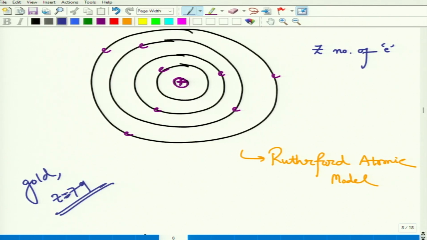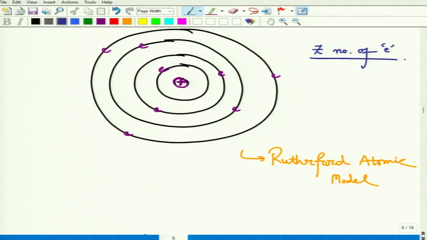But for a general case, a Z number of electrons is present in the atom. So the total charge due to the electrons should be minus Ze, because the charge of one electron is minus e. And overall the atom is neutral.